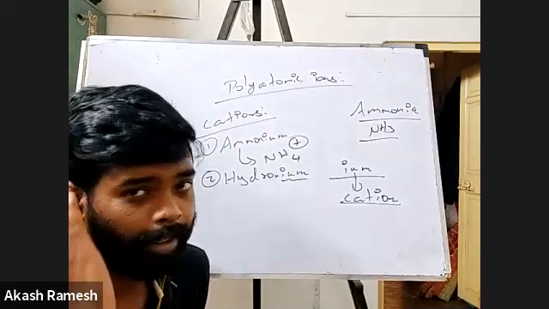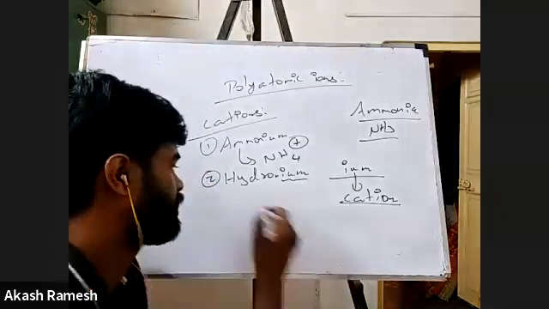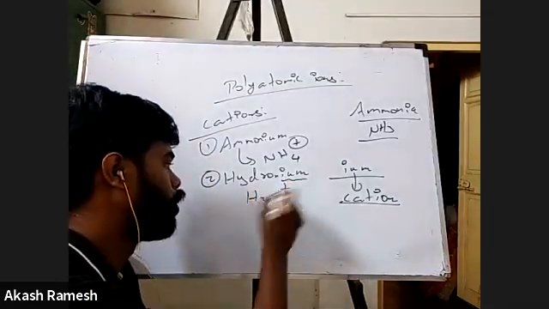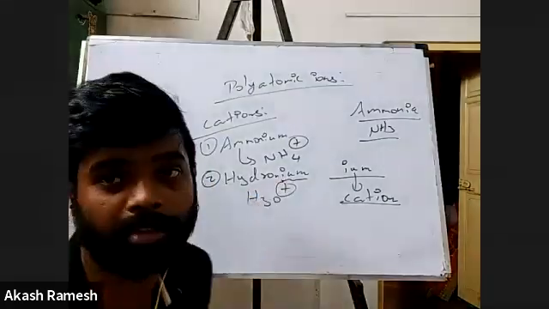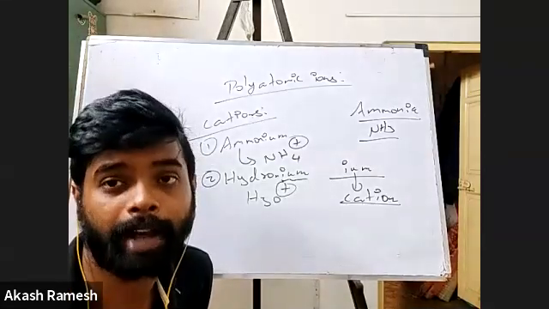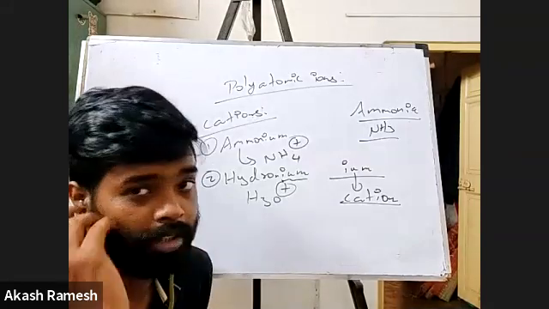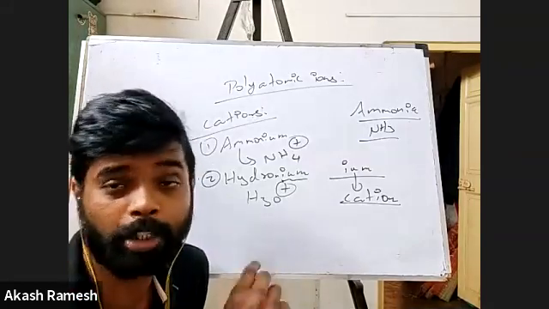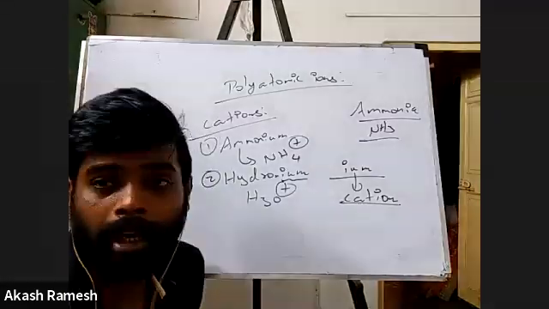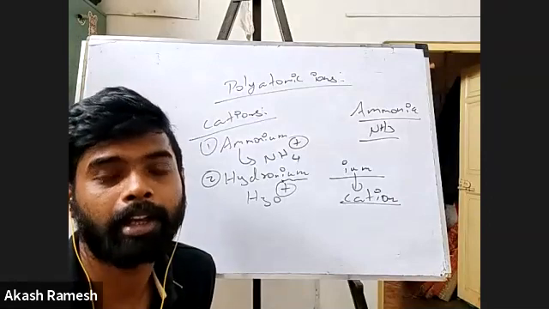The formula is H3O 1 plus. You must have read about H plus, which is for acids. The better way of writing H plus is actually H3O plus. We'll speak in depth about the H3O plus ion in the next chapter. But for now, just know the formula.